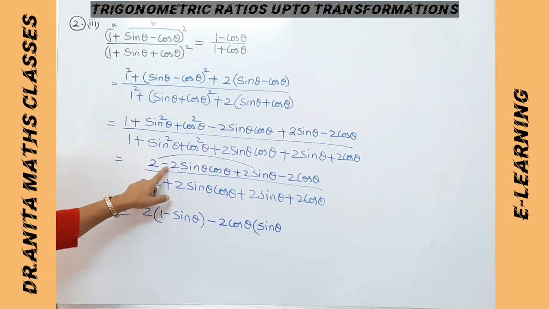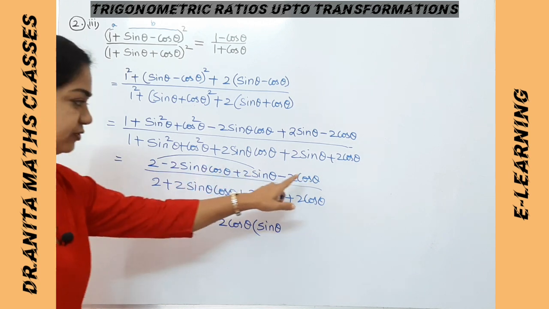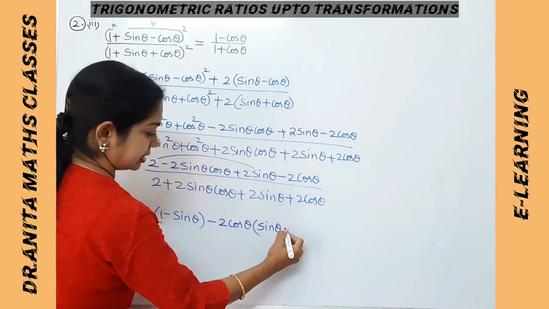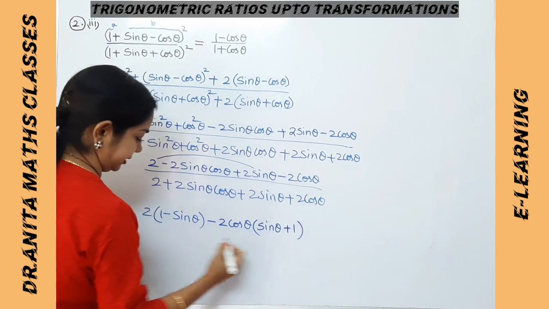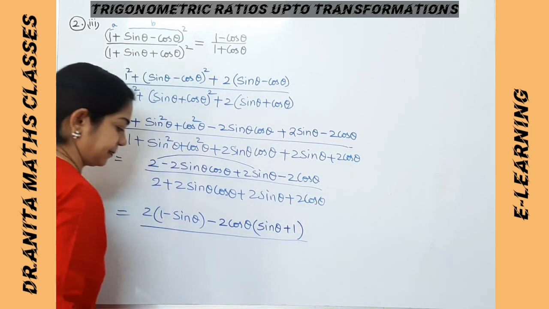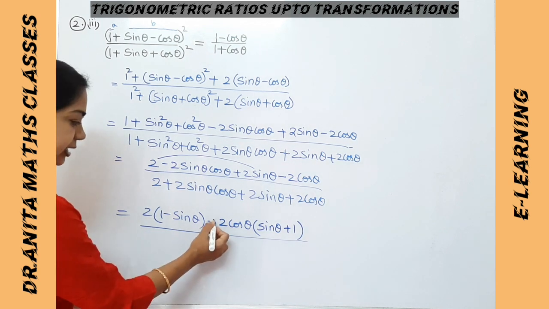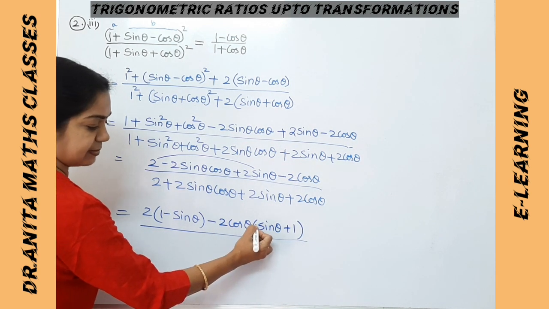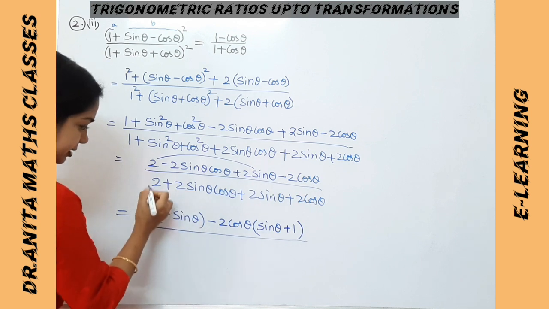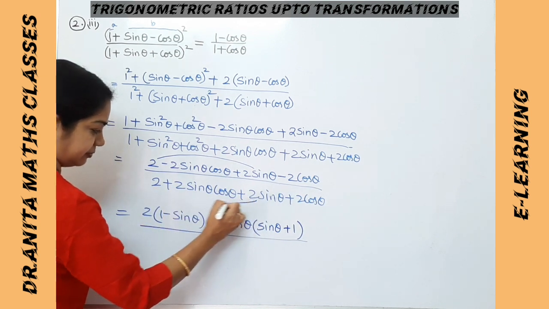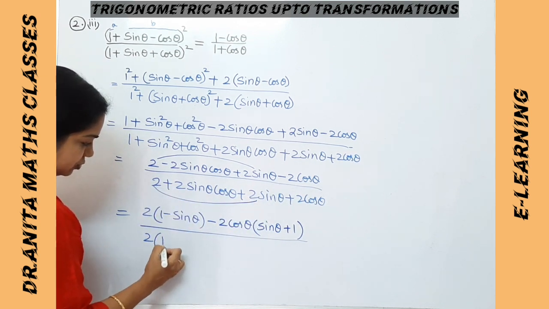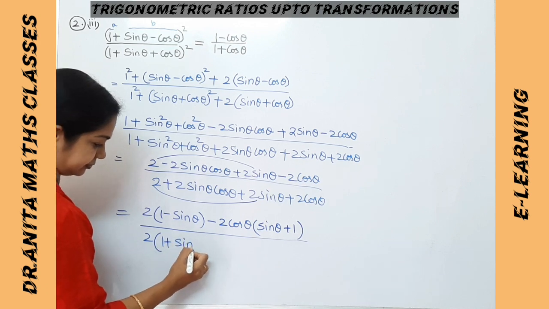Minus 2 cos theta, sin theta is left over. Here nothing is left over, so that is 1. So plus 1 I can take. If you take plus, you get it as minus here. Now in the below part, if you take from these two, 2, so 1 plus sin theta.